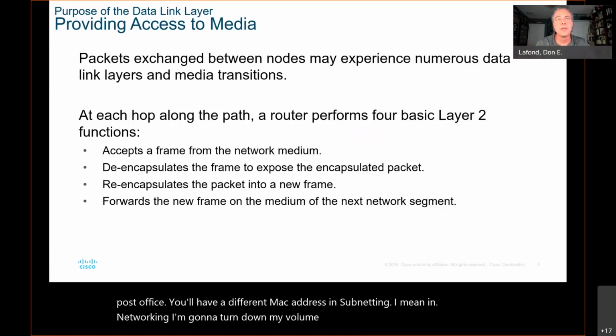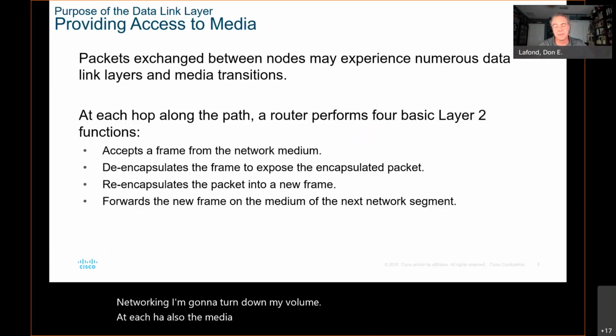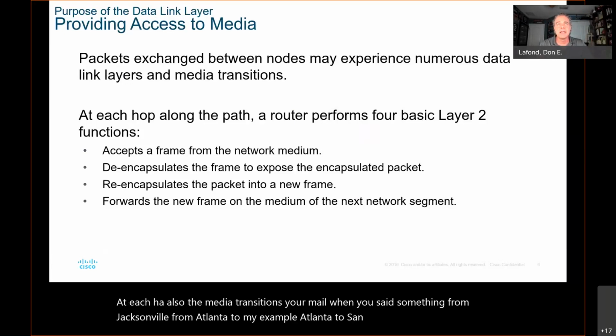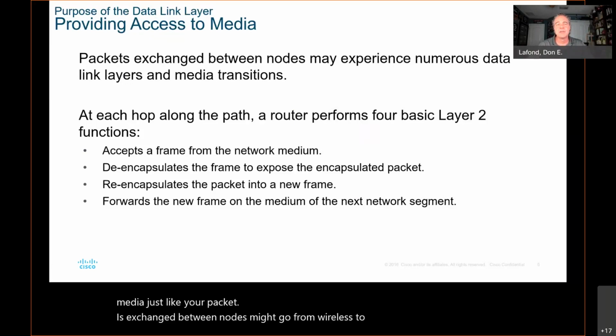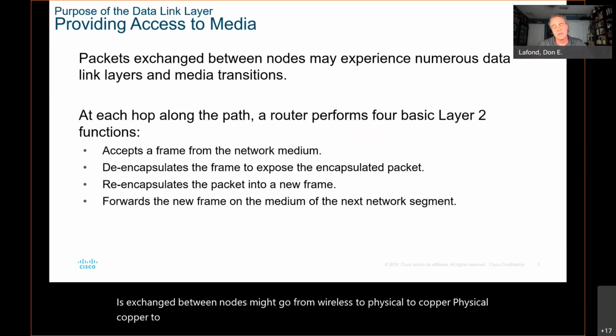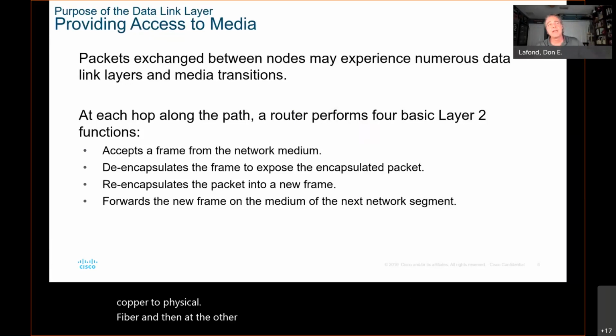At each hop, the media also transitions. Your mail, when you send something from Atlanta to San Diego, may go by little truck, big truck, or plane, so it's going to be different media, just like your packet exchanged between nodes might go from wireless to physical copper, to fiber, and then at the other end, maybe the last layer, it gets to you through Bluetooth, right?